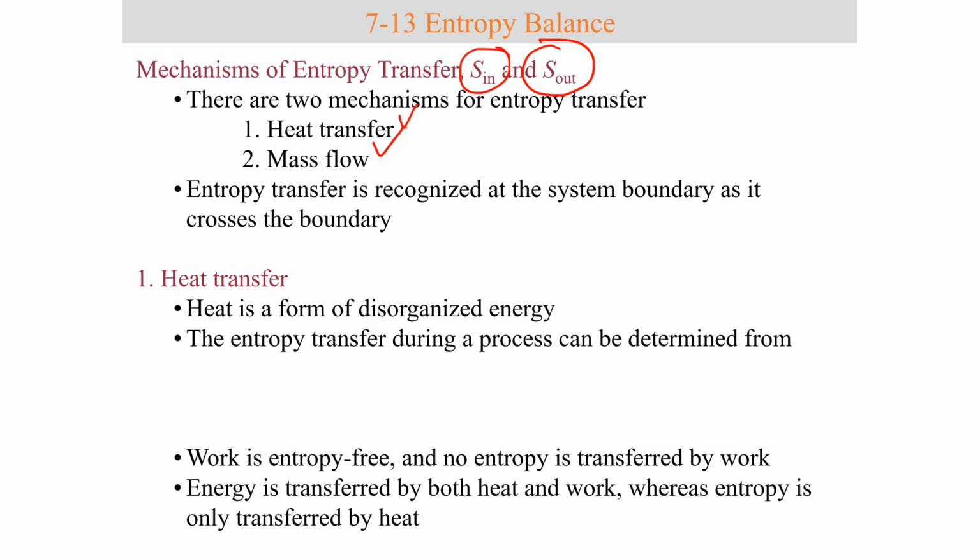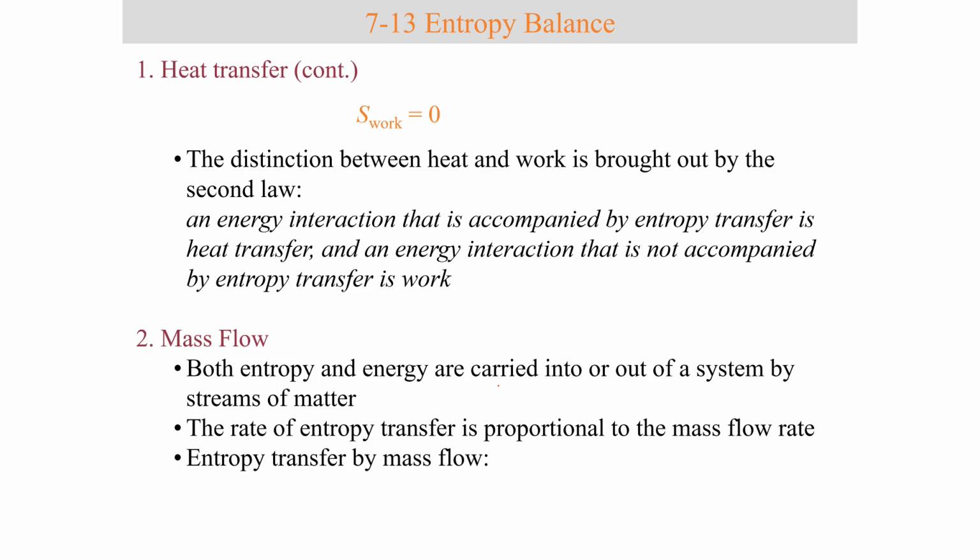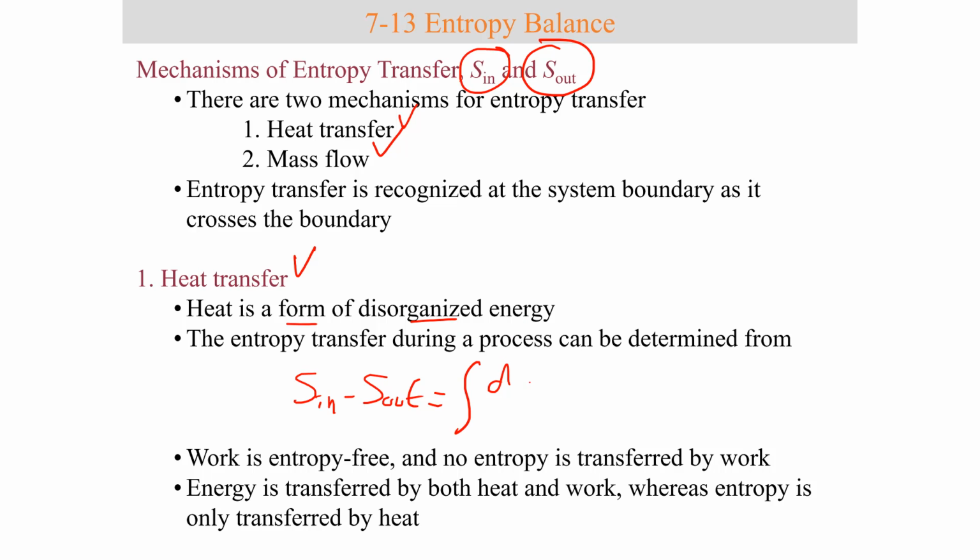So, entropy transfer by heat. Heat is a form of disorganized energy, and so the entropy transferred during this process is determined as a function of that heat transfer. So it basically would be the sum of all the heat transfer terms over the source temperature from which it's traveling.